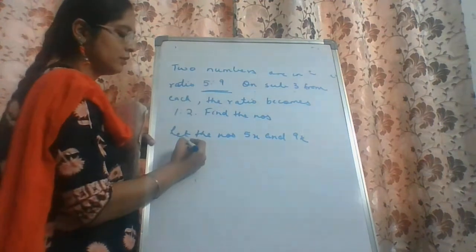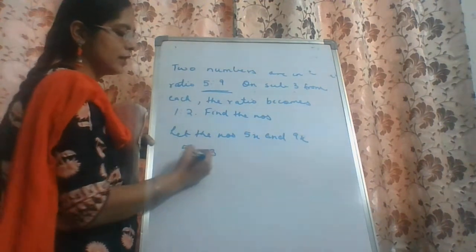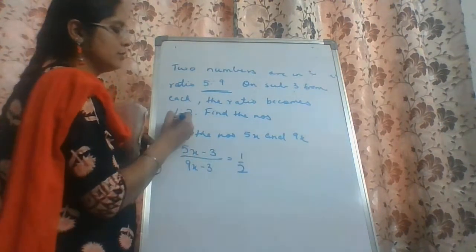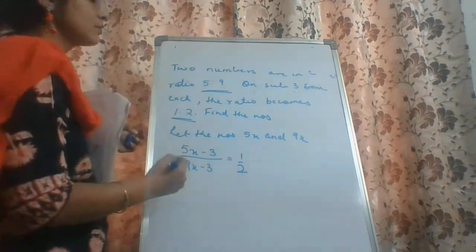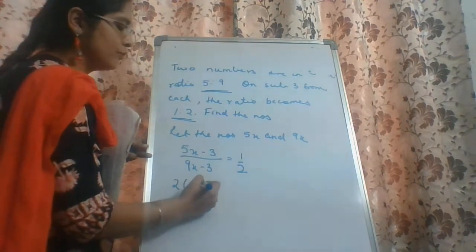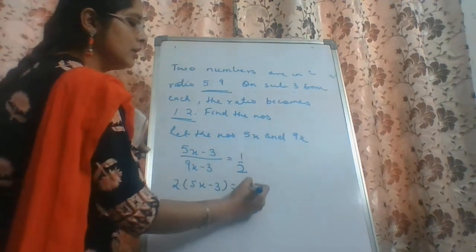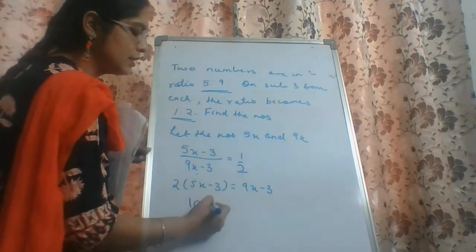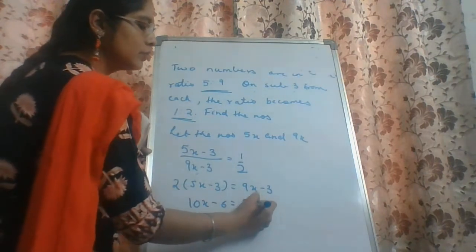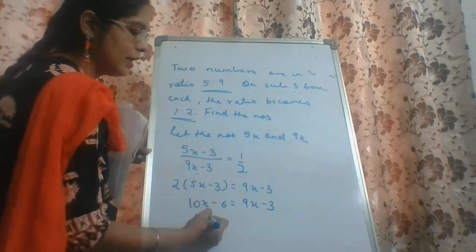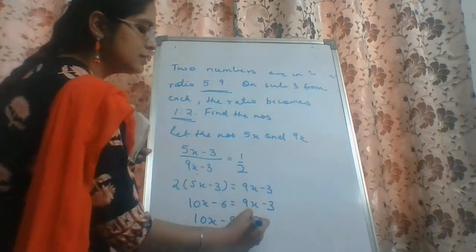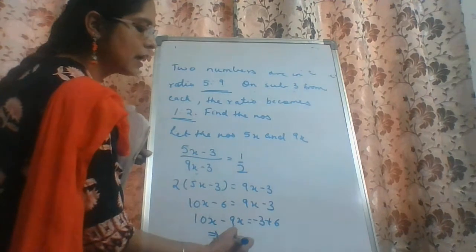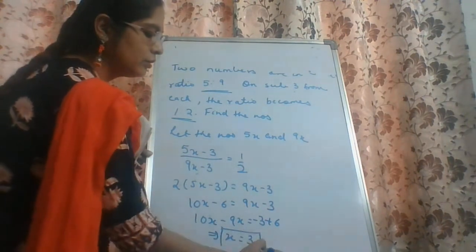On subtracting 3 from each, 5x minus 3 upon 9x minus 3 is equal to half. It becomes half. Let us cross multiply. 2 multiplied to 5x minus 3 equal to 1 multiplied to 9x minus 3. So 10x minus 6 is equal to 9x minus 3. 10x minus 9x is equal to minus 3 plus 6, which implies that x is equal to 3.